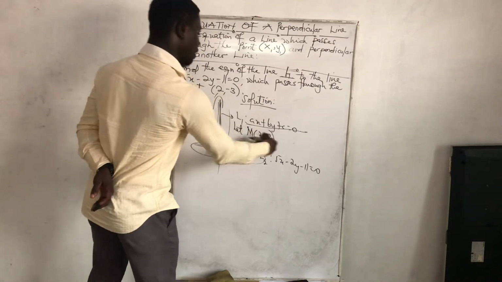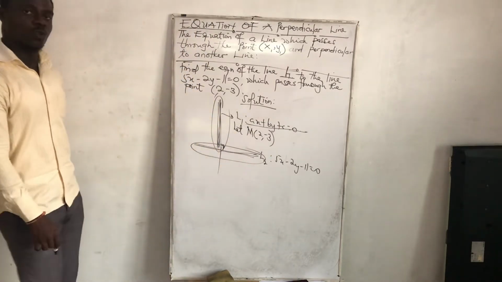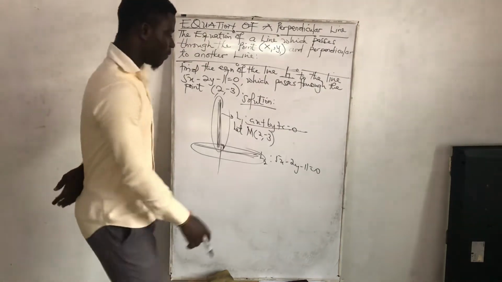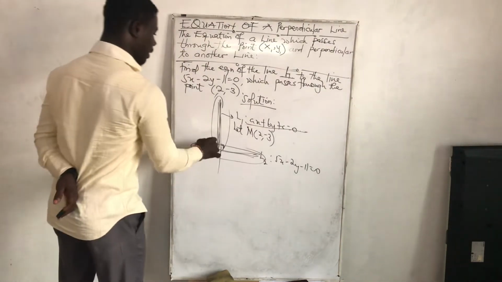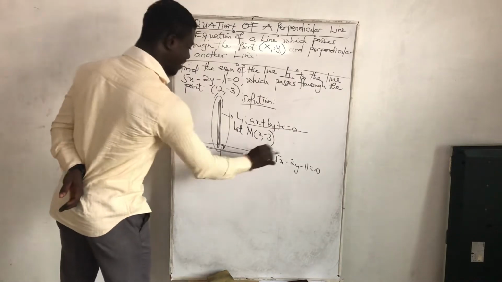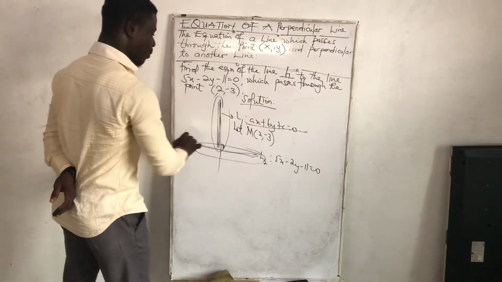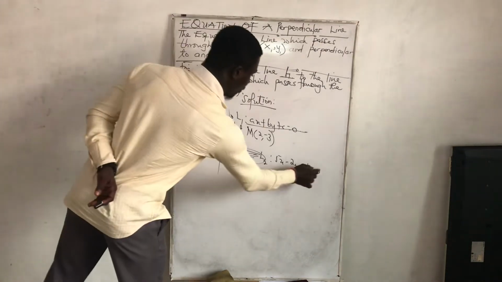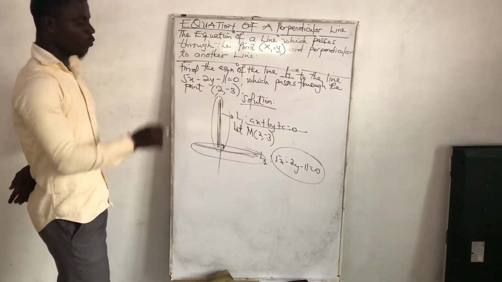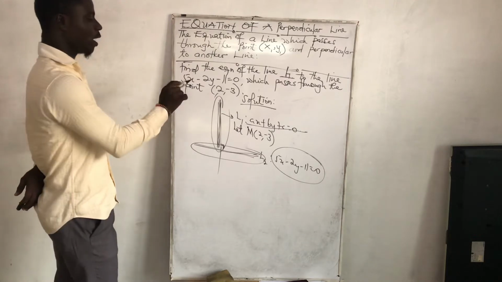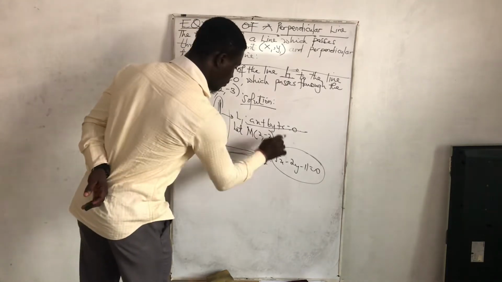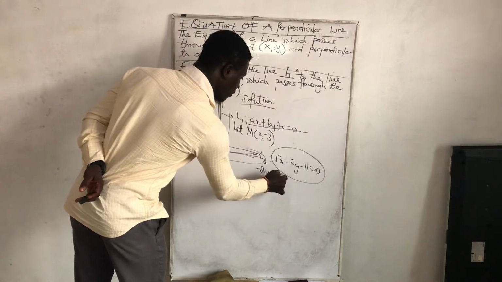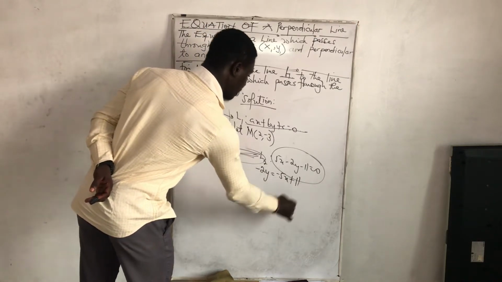So this line passes through that point M. Now, since this line is perpendicular to that line here, we have to make y the subject in order to get our gradient. So let's make y the subject. I have -2y equals -5x plus 11.